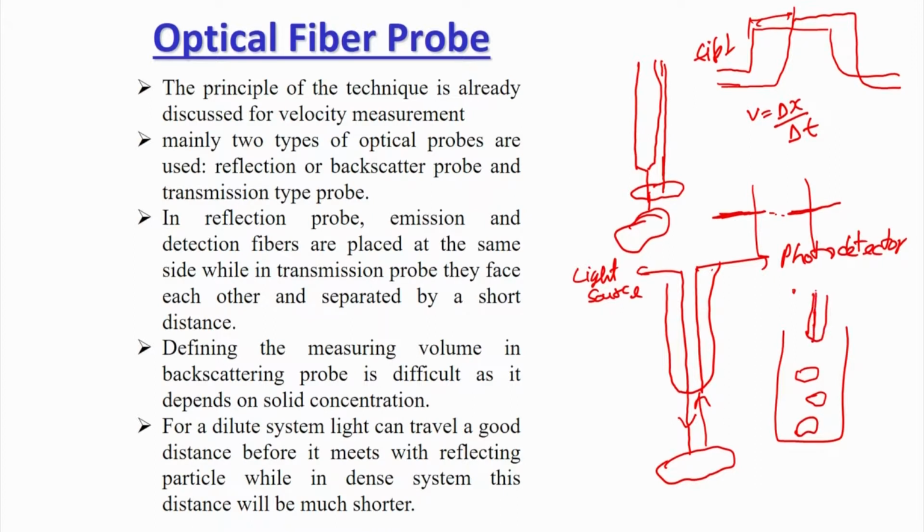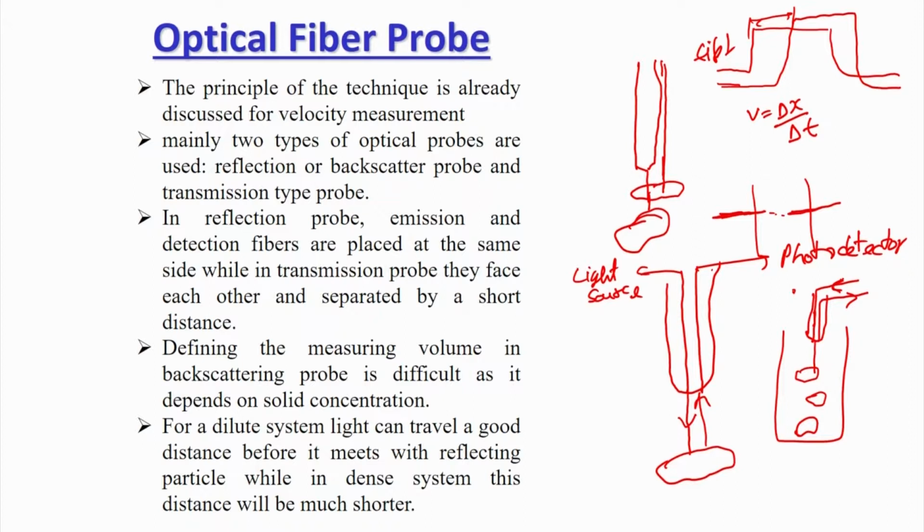This one is emitting the light and this one is taking the light. The incoming signal is for the light, and the outgoing signal is what is detected on the photo detector. What will happen? The light will travel. If the medium is very lean, the distance the light travels will be very high, and before it gets reflected back, you will get a significant signal.